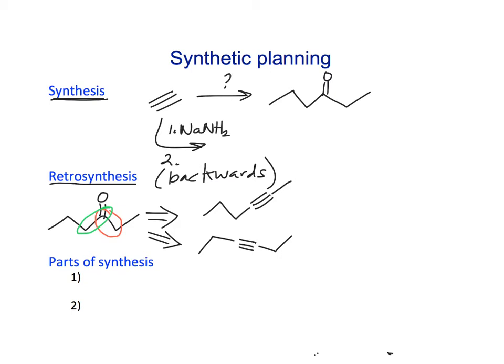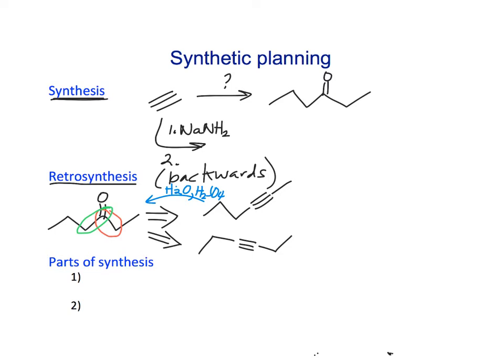Now, if we have two possibilities, we have to ask ourselves which one might be better than the other. Are they both equally good? So if we think about doing our hydration reactions, so water and sulfuric acid, or we could do a hydroboration oxidation, does this give us our product?